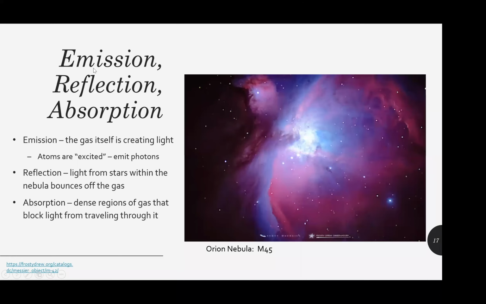Then the phenomena we see in nebulas are these: emission, reflection, and absorption regions within a nebula. These aren't distinct types of nebula. They're just what we see when we look at nebulas. Emission parts of a nebula are these pinkish reddish regions here.